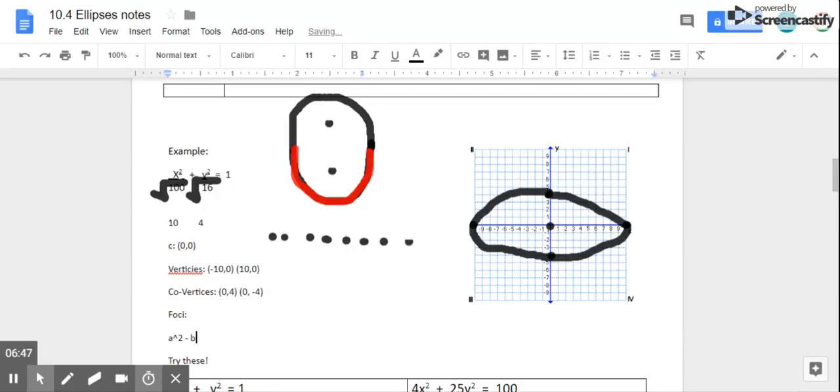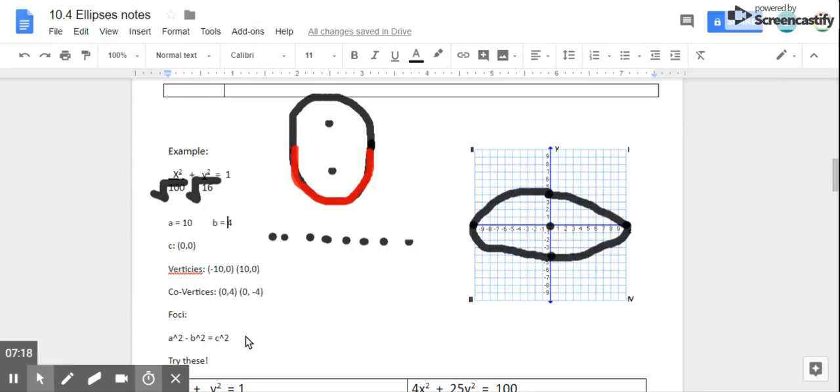I don't know if you remember, but that little caret thing means an exponent. So a squared minus b squared equals c squared. So if 10 and 4 equal a and b, how do you get a squared and b squared? So what is a squared? That would be 100. B squared would be 16.